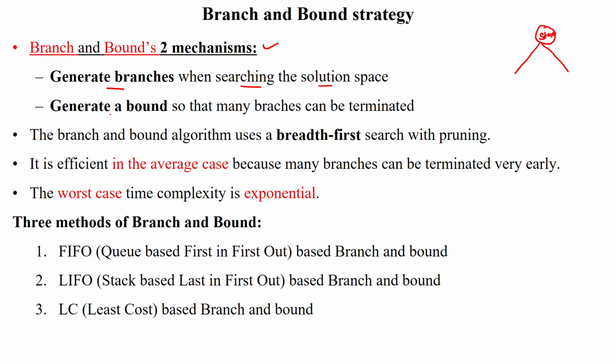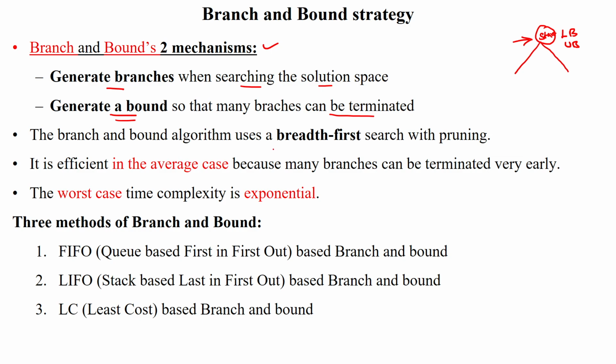Like that, it will generate a bounding function. That means we have to calculate the lower bound value or upper bound value to find the criteria, that means bounding for this particular vertex. If the bounding function is not satisfied, then we have to terminate that path from that branch.